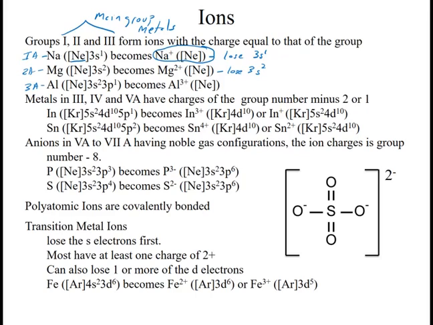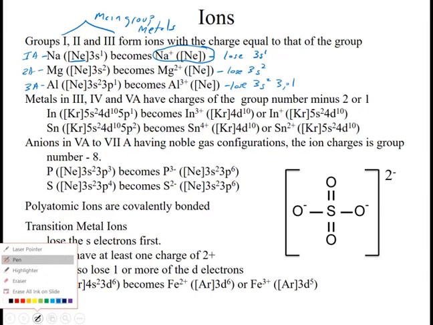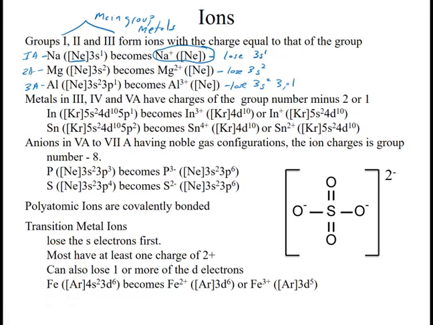It becomes aluminum 3+. So again, it loses the 3s2 and the 3p1. Now, what you have to realize is that all of the ions ended with a noble gas configuration.